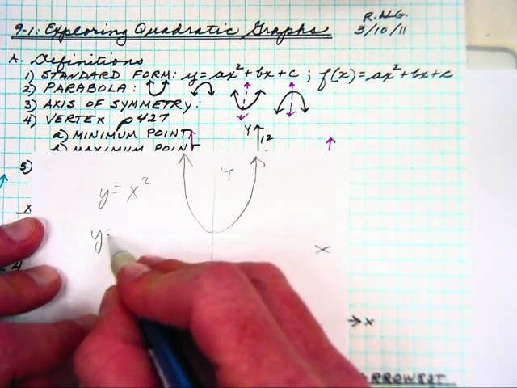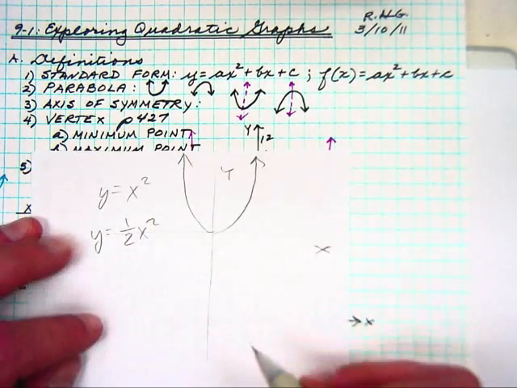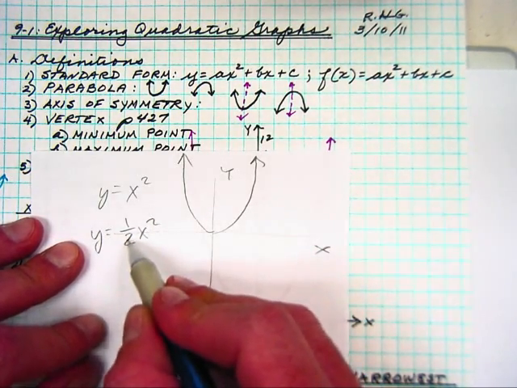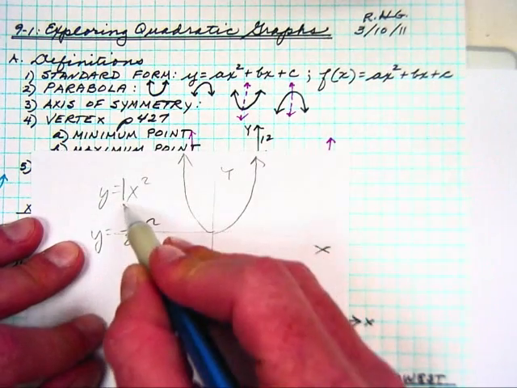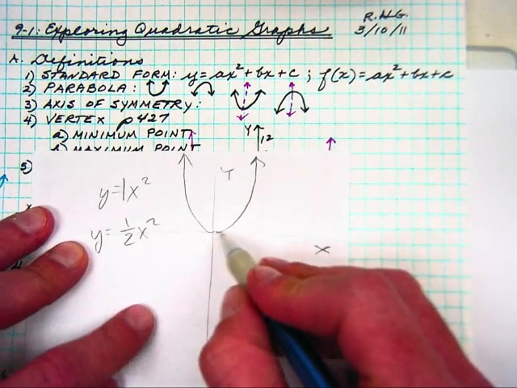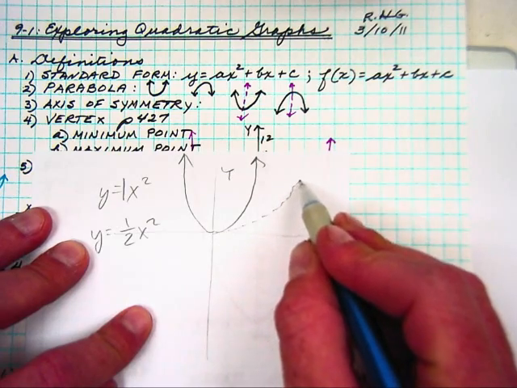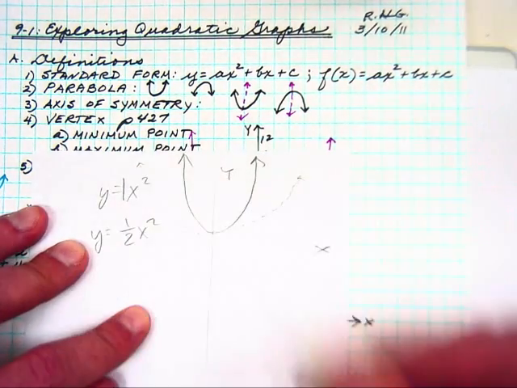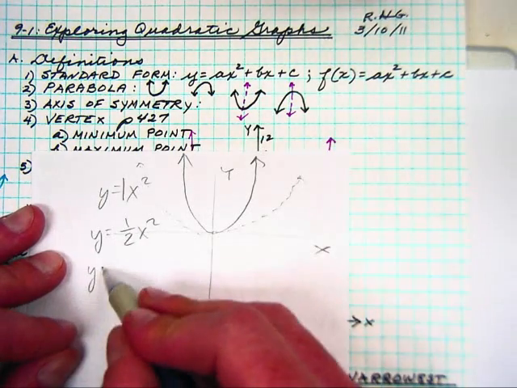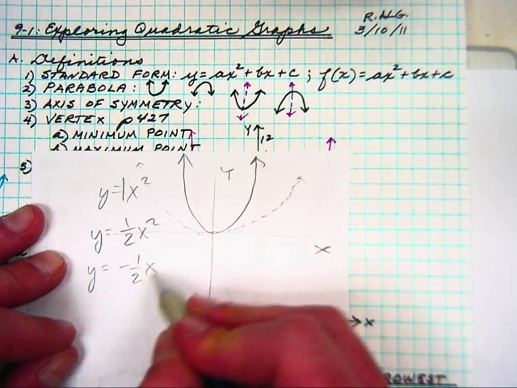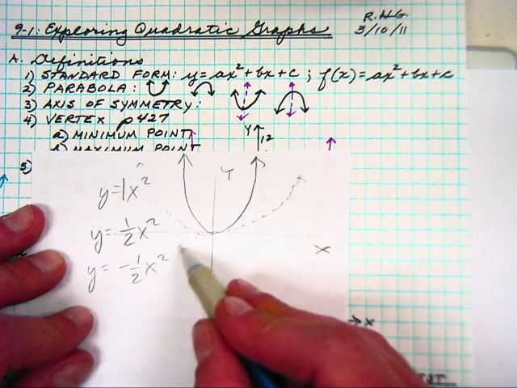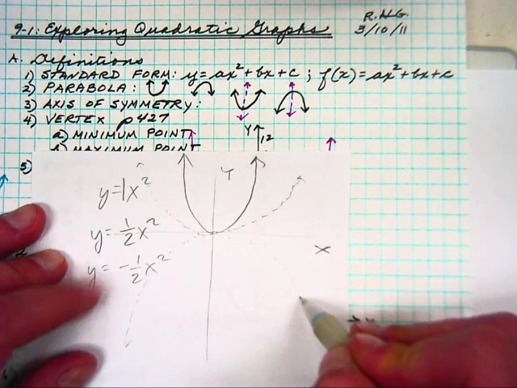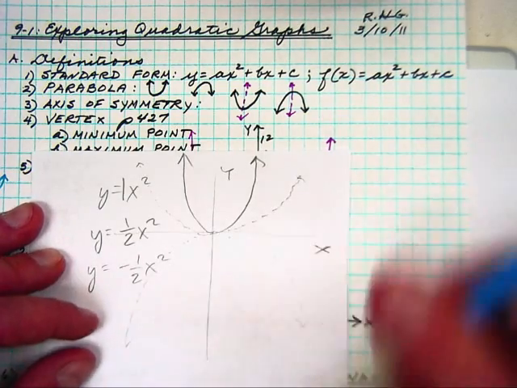If we have y equals 1/2 x squared, whatever this term is, it's not going to go up as fast because we're multiplying it by 1/2 instead of here where we're multiplying it by 1. So this one's going to open up a little bit less fast because it's kind of being cut in half every time. If I said y equals negative 1/2 x squared, that's going to open up downwards, but the same exact way as y equals 1/2 x squared, just a mirror image of it.